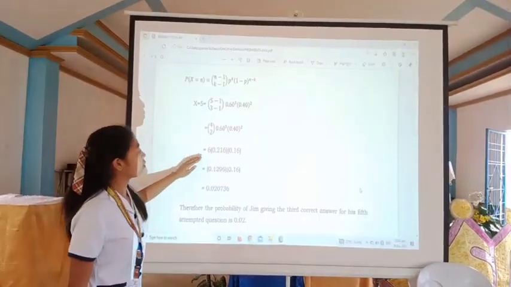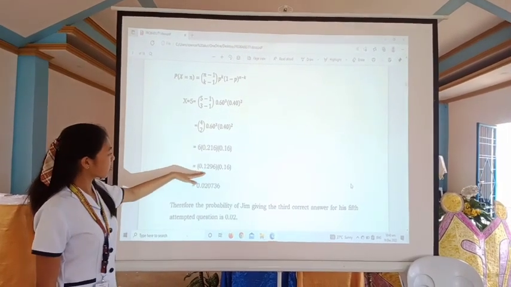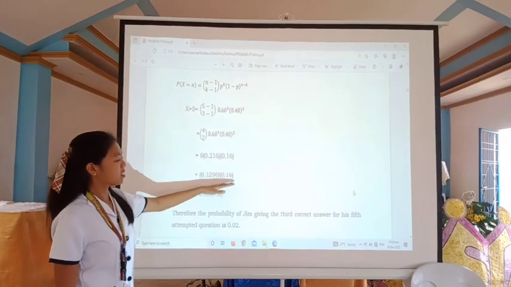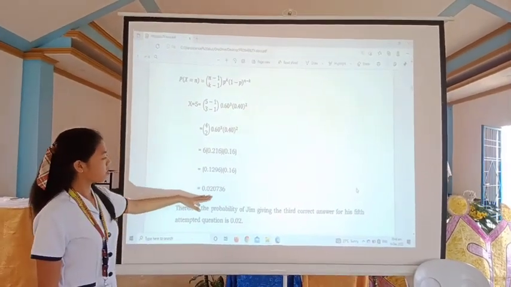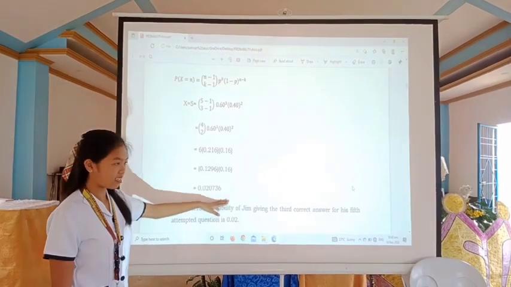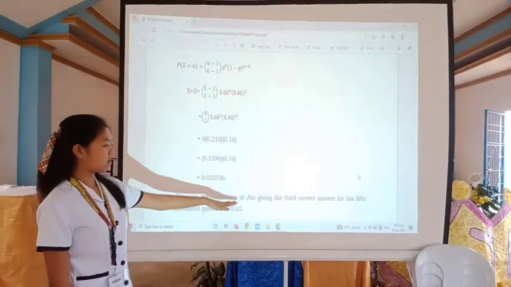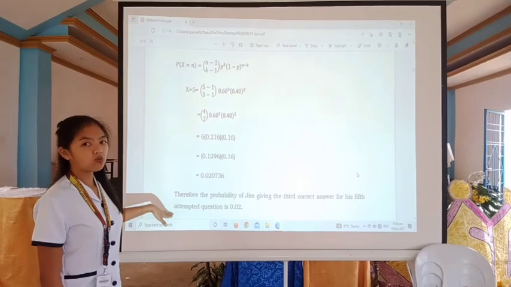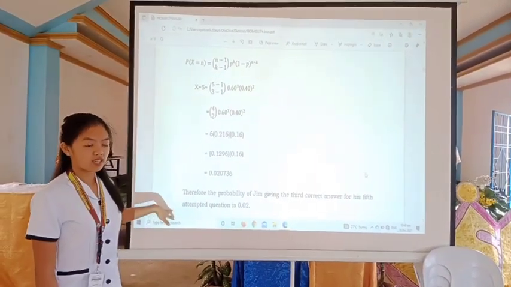Then we multiply 6 by 0.216, which is equal to 1.296, and then multiplied by 0.16, and this is equal to 0.020736. Therefore, the probability of giving the third correct answer on the fifth attempted question is 0.02. Let's proceed to example number 2.